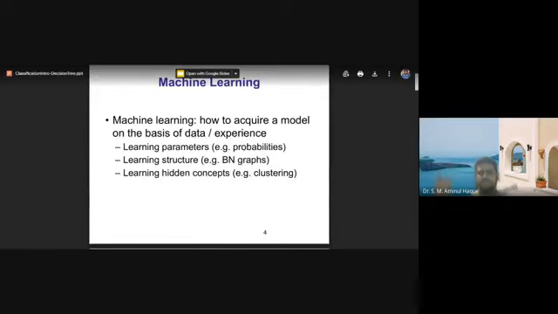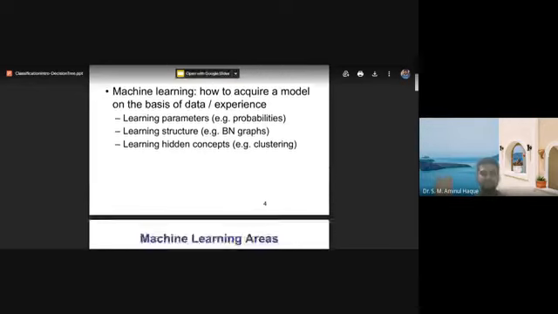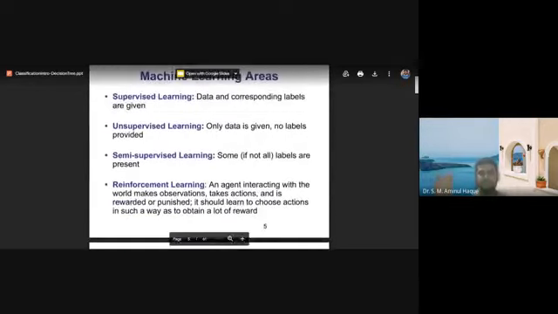Here is how we can gain knowledge using data. There are some learning parameters, Bayesian network graphs, and clustering. These are some techniques that we can use to improve our learning experiences. We have already seen this.